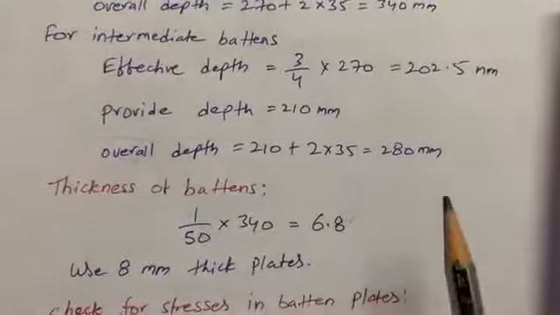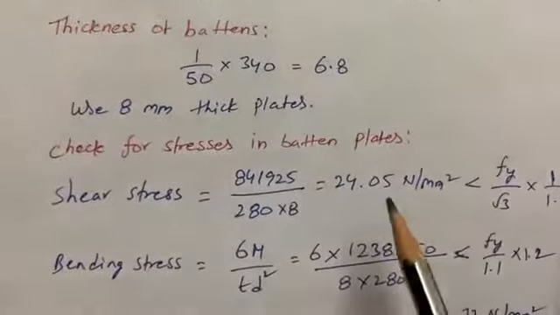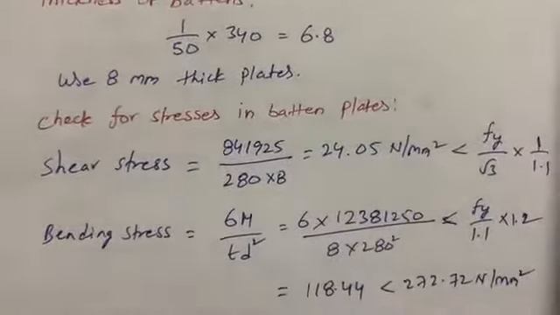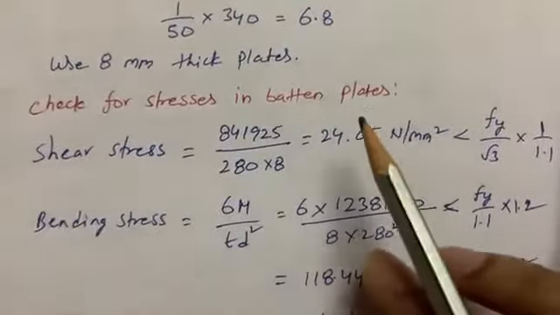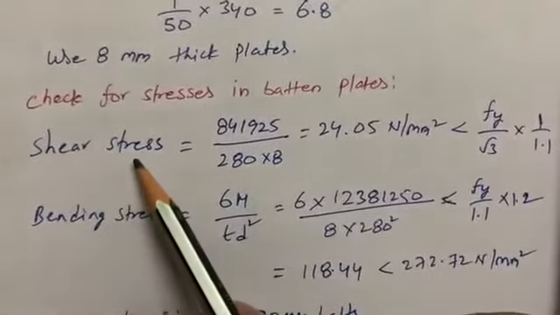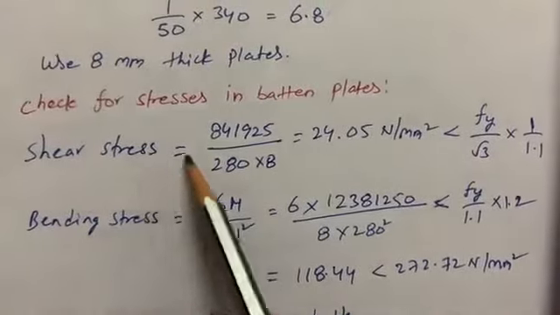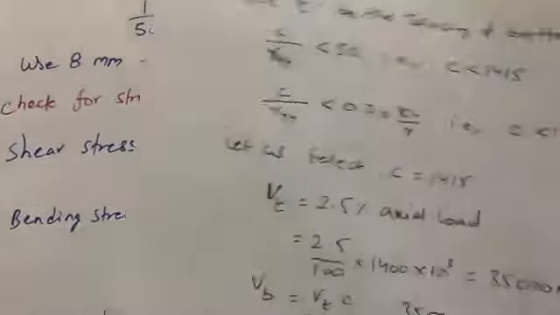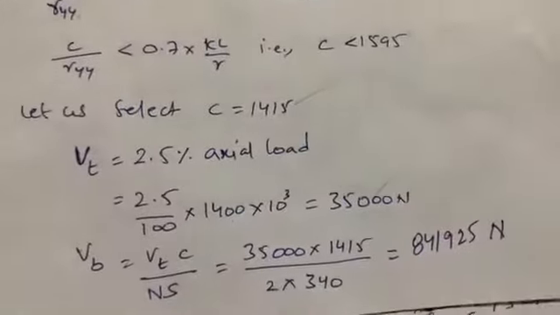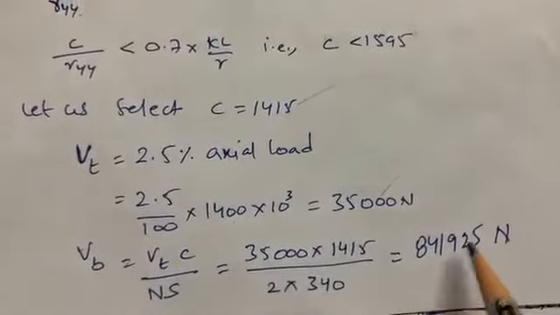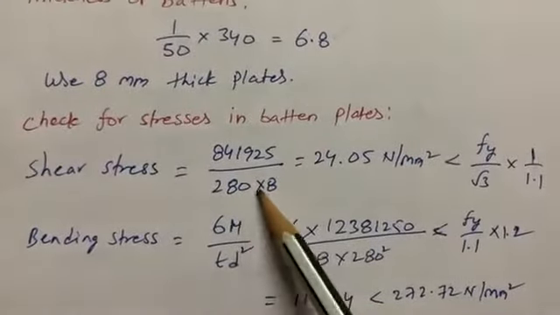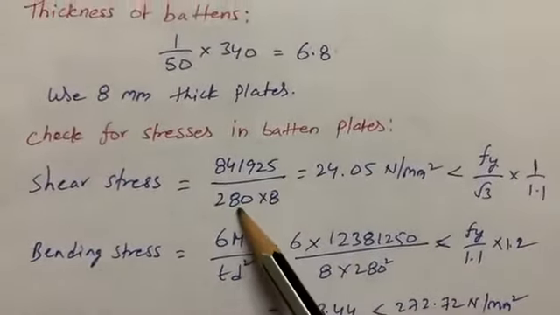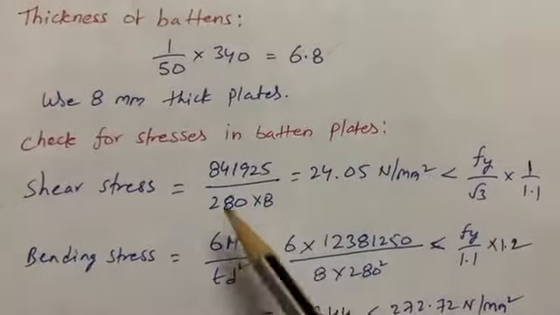After doing all this, we need to check the stresses in the batten plates. I mean, by applying the 1400 kilonewtons load, how much stress is applied in the batten plates. So for that, shear stress. For the shear stress formula, we know the value we got is VB, 841925, by load by area, 280 into 8. 8 mm is the thickness and 280 is the length, that is the overall depth.